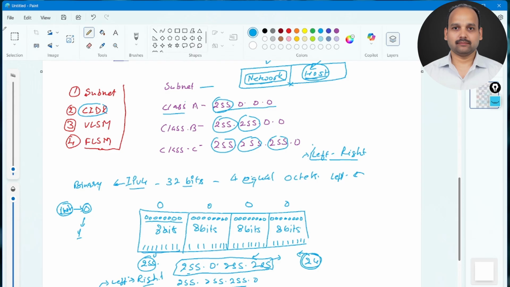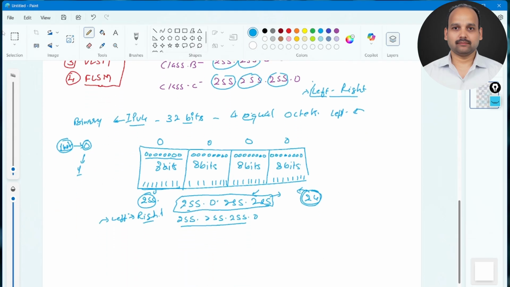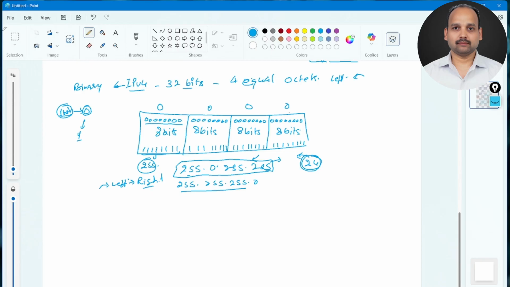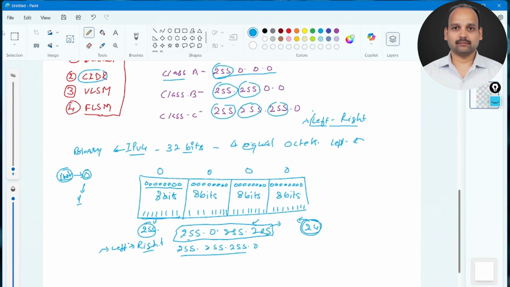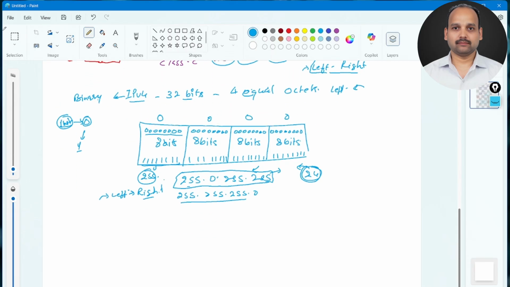This subnet is going to split your IP into two parts from any class. That's why you have to write your subnet from left to right.